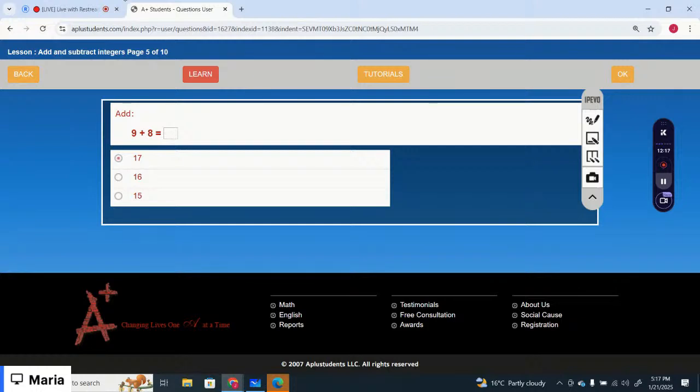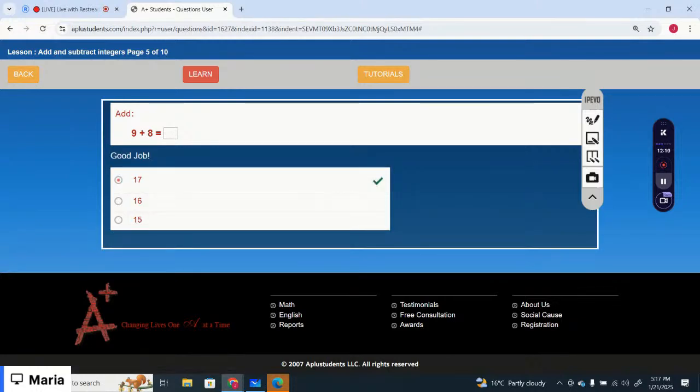Option number 1 is the correct option. Both the numbers are positive, so you simply have to add.